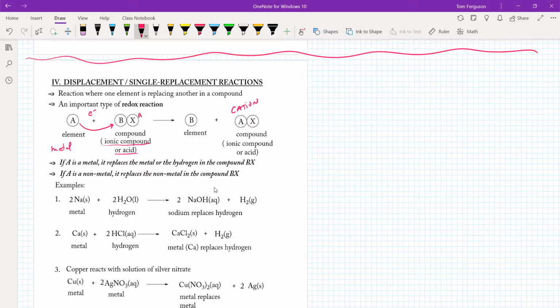X is already an anion. Okay, so let's look at some examples here.